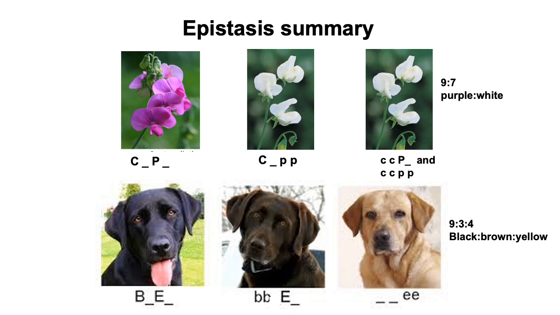So we've got the 9:7 ratio at the top and the 9:3:4 ratio at the bottom, and these are all variations on a dihybrid cross where instead of a single gene influencing a single trait, you have two genes, in both of these cases, influencing a single trait. And these are classic examples of epistasis.